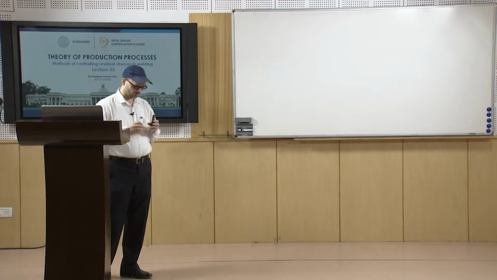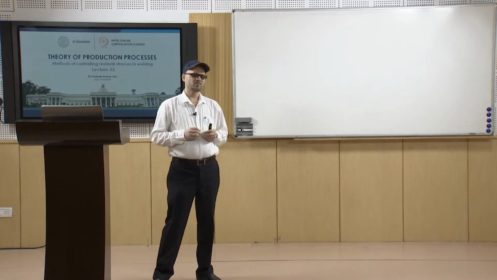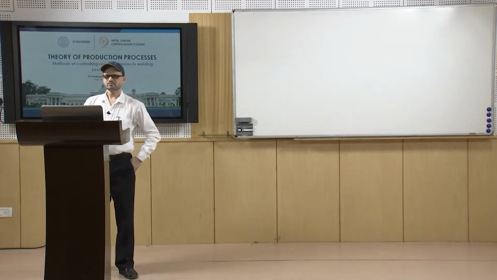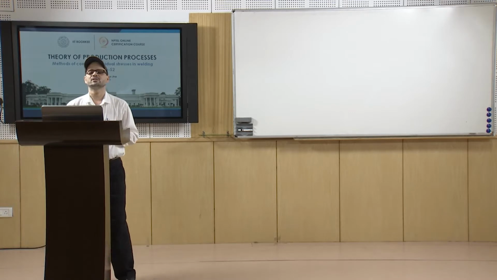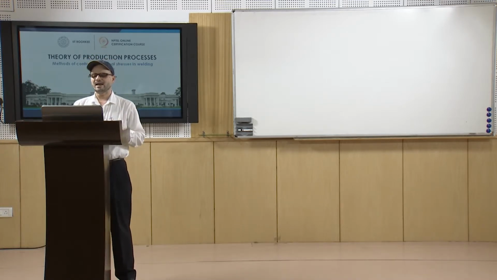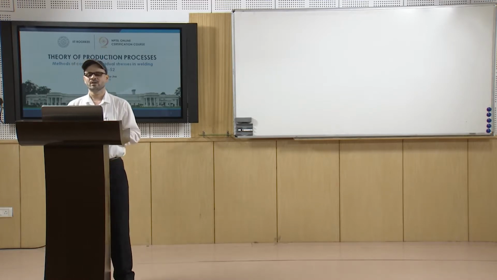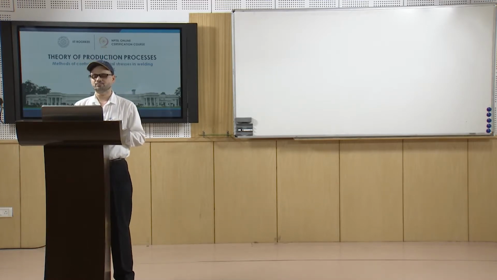So, by the use of this vibration, the stresses are relieved. Now, the structure vibrates at one of its natural frequencies, and this way the level of the stress is reduced in such cases.